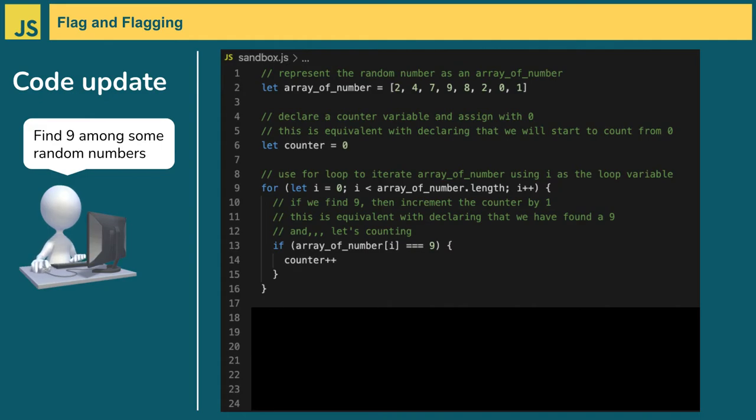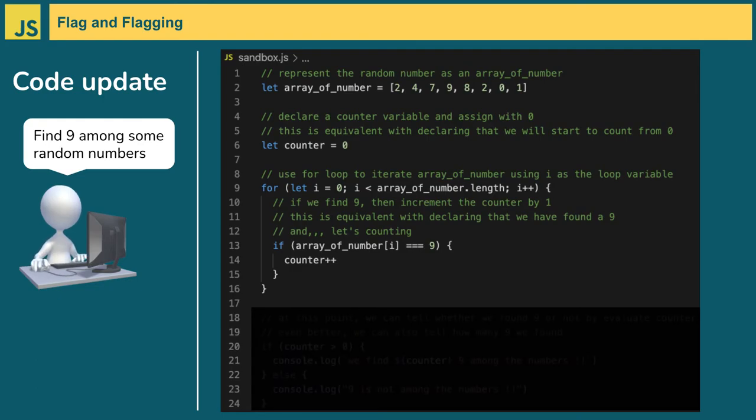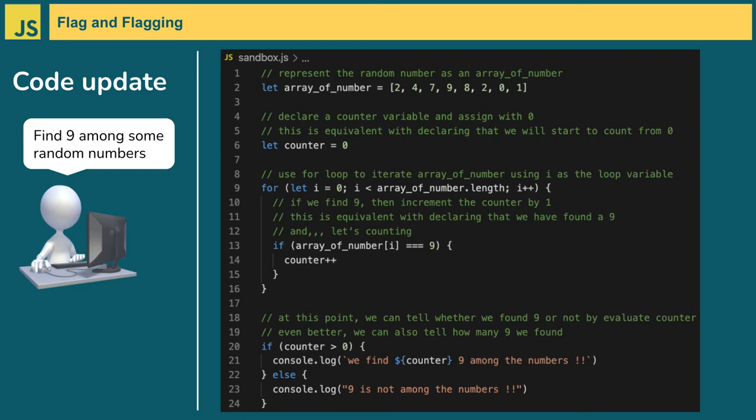So every time we meet 9, we do the increment, and we will know how many 9s at the end of the process. At the end of the process, if you found at least one 9, it means that the counter will not be 0, it will be more than 0.